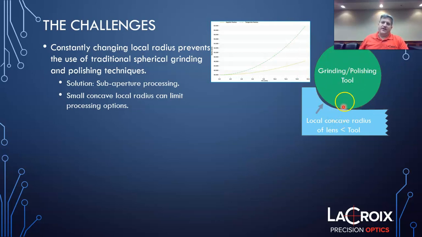And if that local radius is too tight, you just can't get in there. And of course, there's different size tools available to allow you to get into these smaller places. But you can imagine if you're doing a really large part, but it has a really tight local radius of curvature, so you have to use a small tool. Well, you have to use that small tool over the whole part. So it really becomes an extreme test of patience to make that part, to say the least.